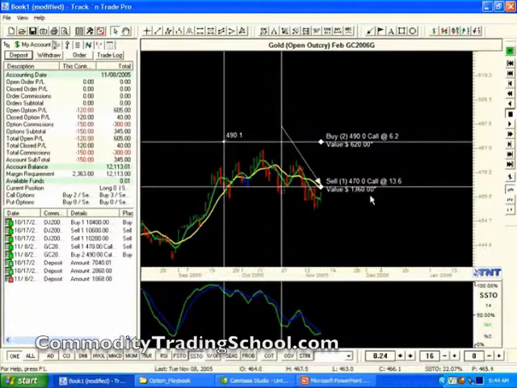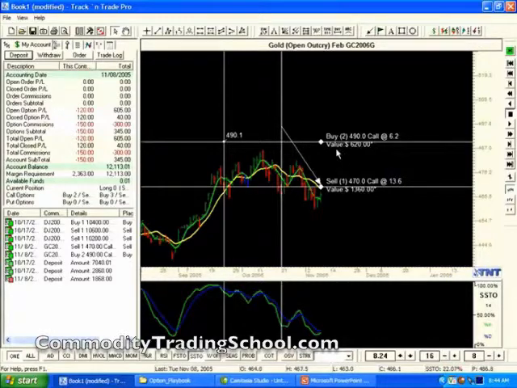Now, this risk is limited to $2,000 with the market trading exactly at 490. If the market's at 475, let's say, you'll lose $500. That's the maximum amount of risk on the trade, the distance between 470 and 490.